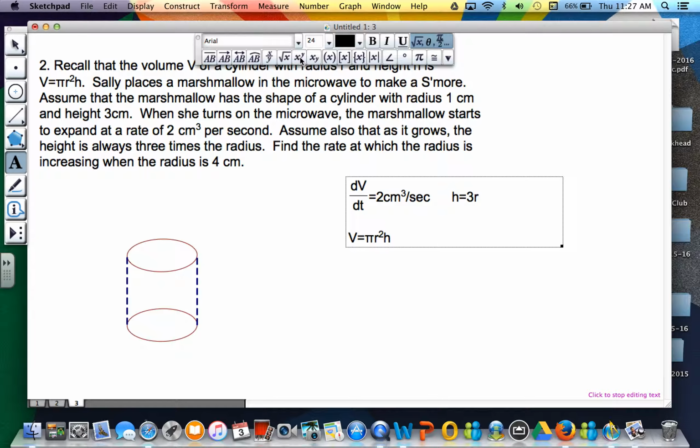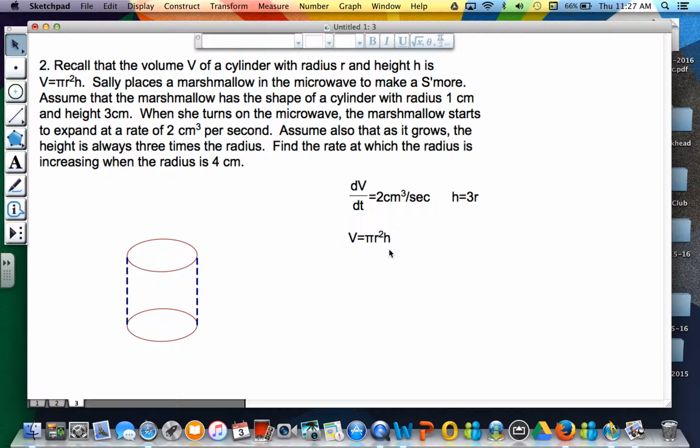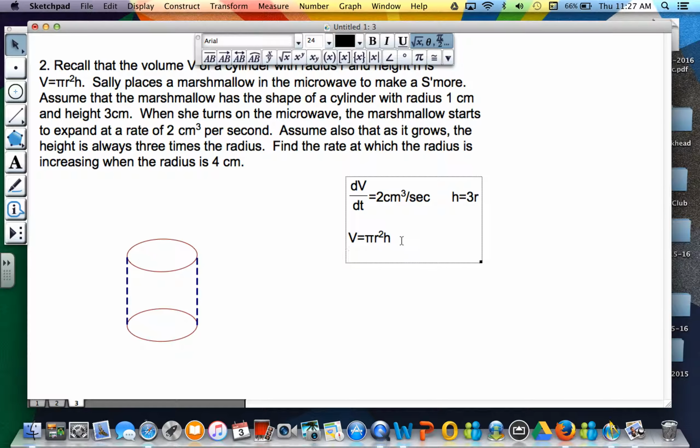Now, if we differentiate with respect to time t here, I'm going to have to use the product rule because r is changing and h is changing. But we also know h is equal to 3r. So a simpler way to deal with this might be volume is equal to pi r squared times h, which is 3r.